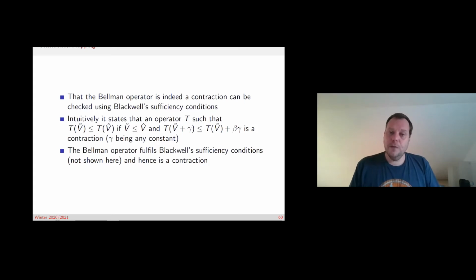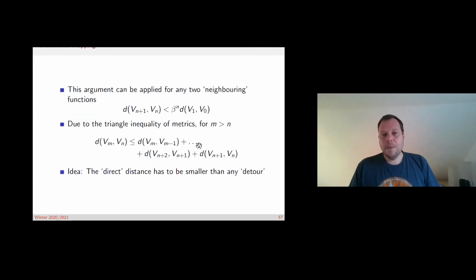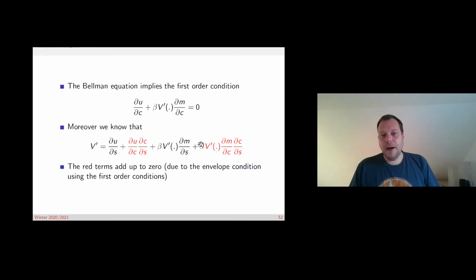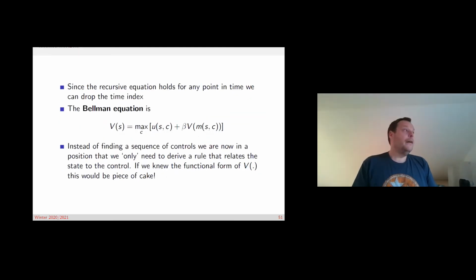And this is super helpful because then we know, if we want to find a solution to an infinite horizon intertemporal optimization problem, which we call the dynamic programming problem, the only thing we need to know is the functional form of this value function.